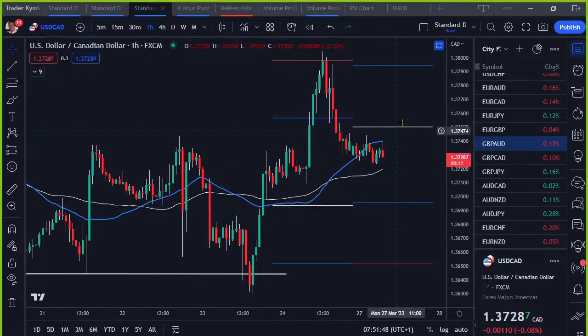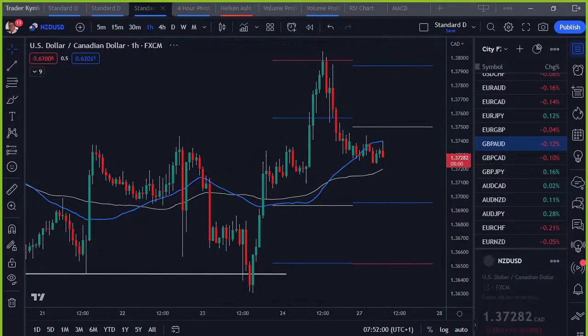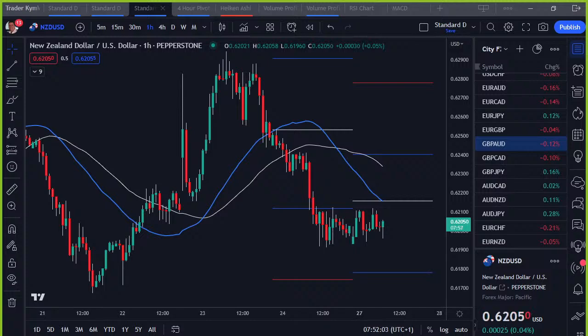If the other markets were all softening, I'd prefer to see the US dollar gaining on this one as well, pushing upwards. It's not at the moment. It's looking quite contrary, so I'll leave that one alone. Too mixed, not playing ball. New Zealand dollar, no good there.